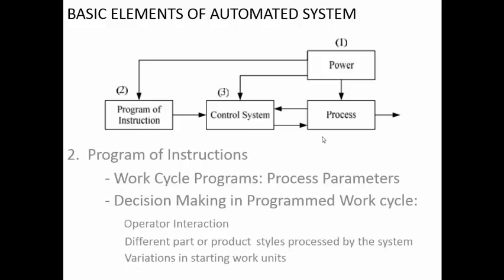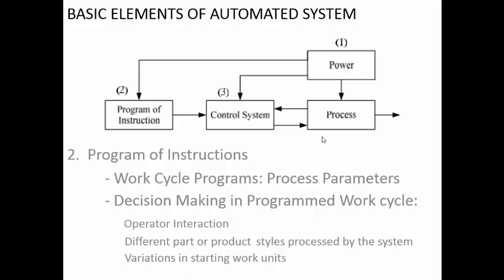The next element is the program of instructions. So program of instruction will have the detailed step-by-step procedure or detailed step-by-step activities that have to happen in the automated system. If you take the example of the machining, it will be having the various details about the movement of the tool.